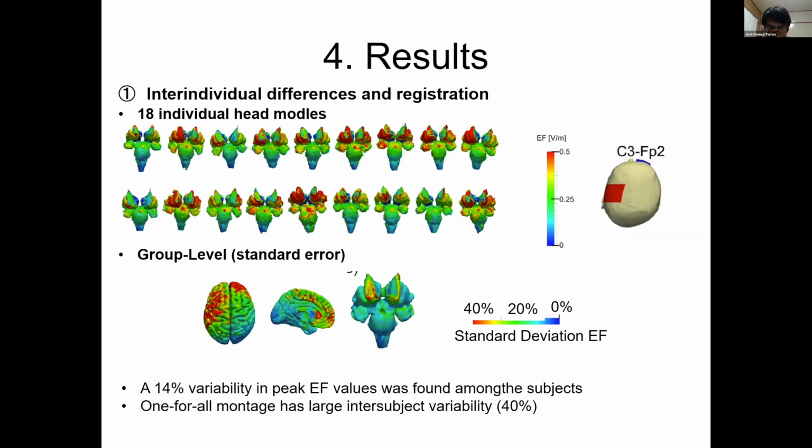As I said before, when using personalized head models for one subject, the implications for one subject may not generalize to the population. So it's important to consider group level analysis when we are using one-for-all montage style studies. This is just to show this point.